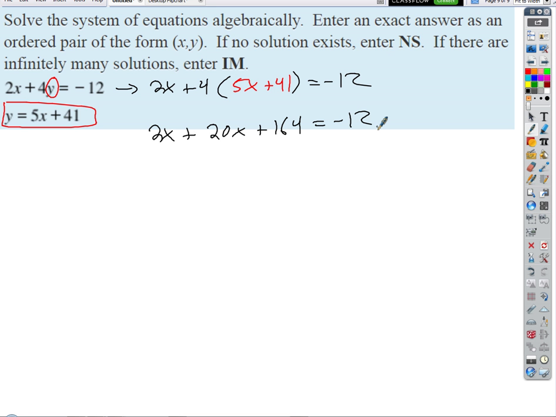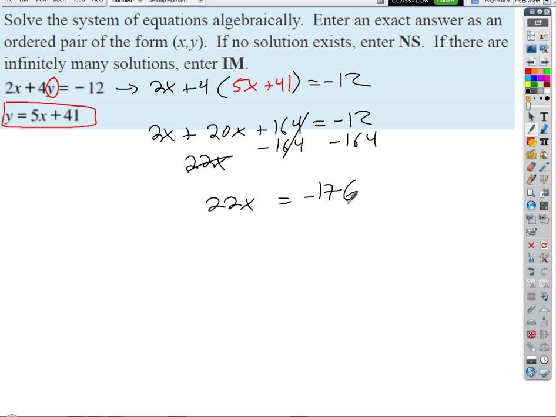Okay, combine like terms, good. So 2x plus 20x is 22x. Let's go ahead and subtract 164 from both sides. So I'm going to get 22x equals negative 12 and negative 164 is negative 176.